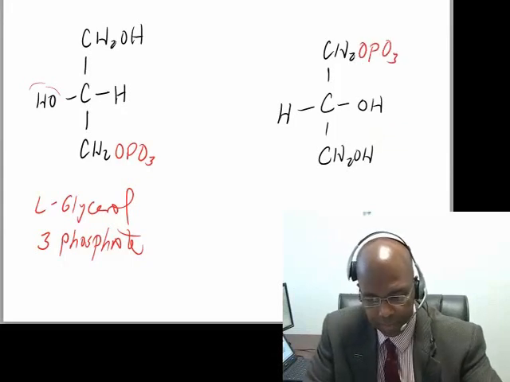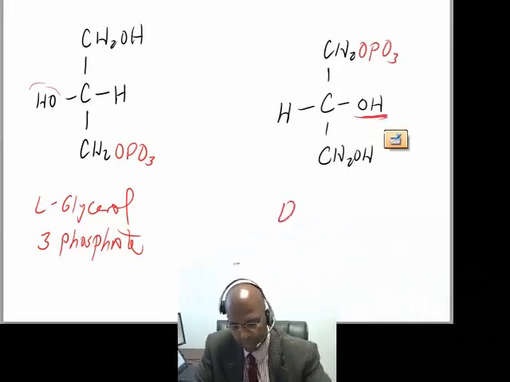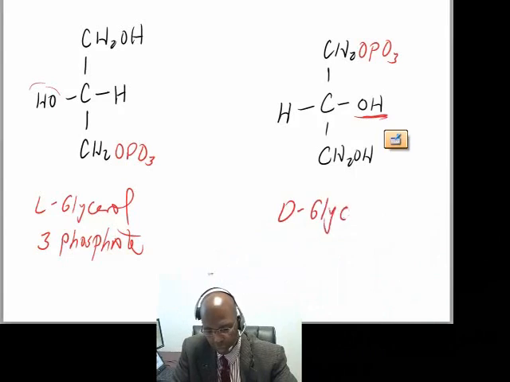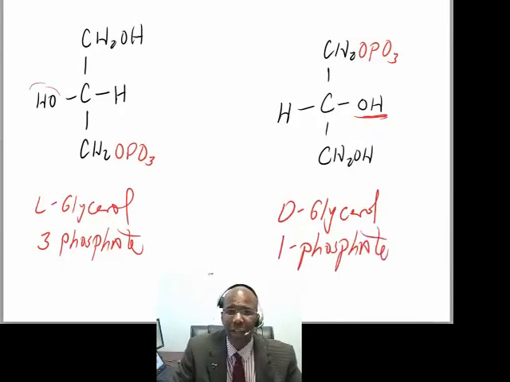Now since we have our OHs on the right side, this is D-glycerol 1-phosphate. And again, this is the same molecule. It's the same exact molecule.